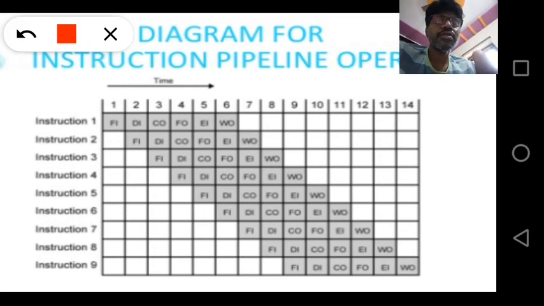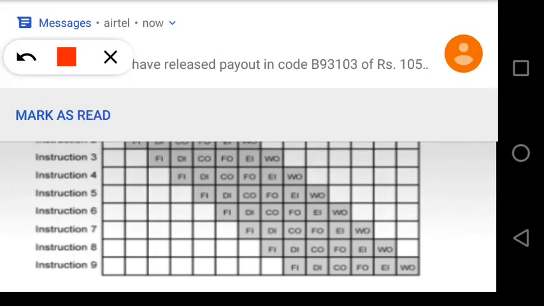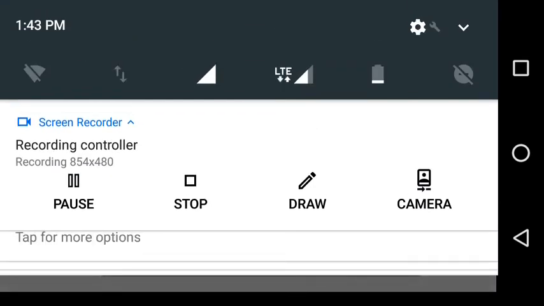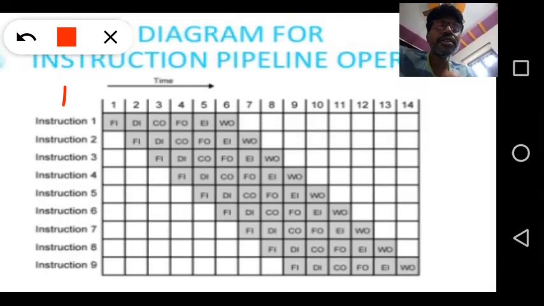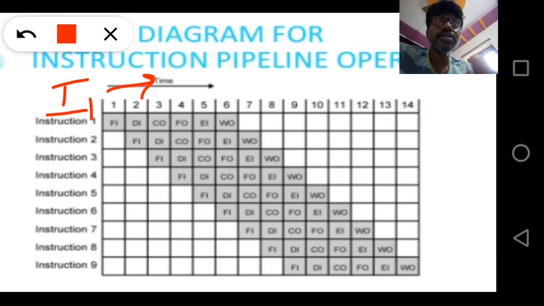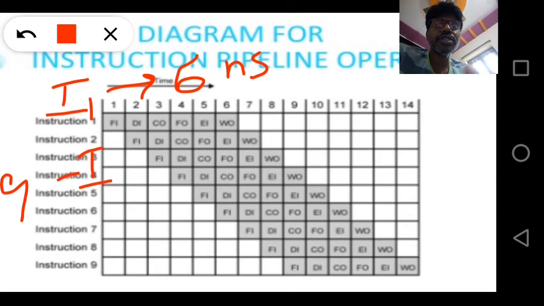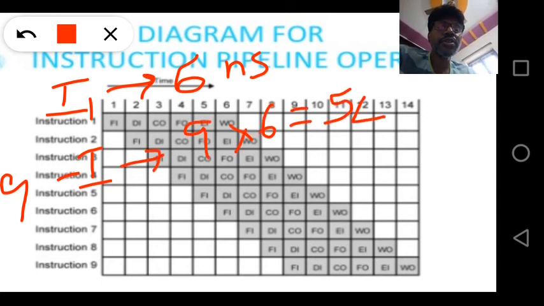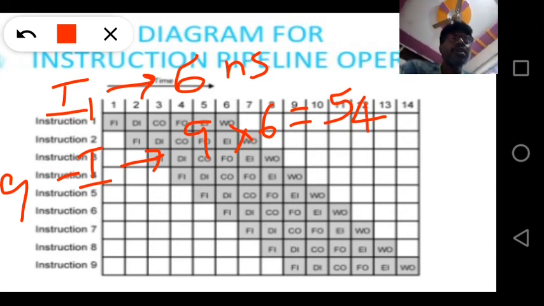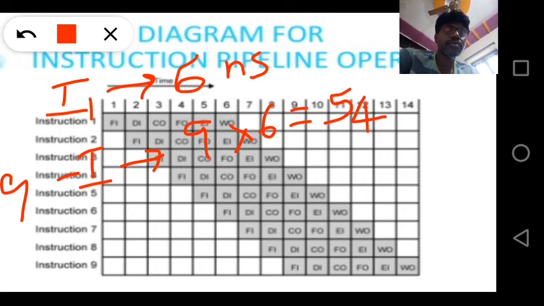if it is non-pipeline, then each instruction takes 6 nanoseconds. So 9 instructions' execution takes 9 into 6, that is 54 nanoseconds if it is non-pipeline.